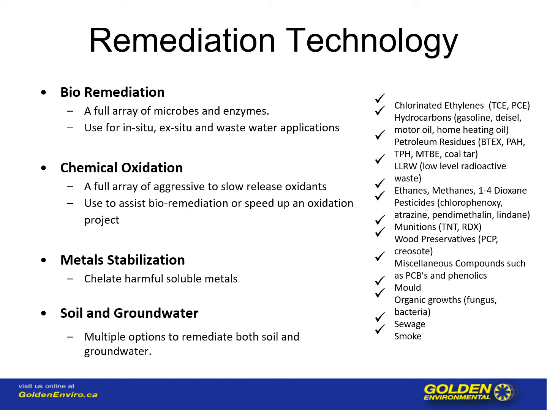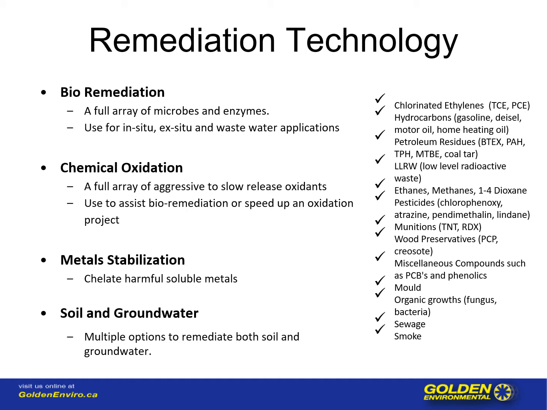Bio-augmented chemical oxidation is a process in which we combine both bioremediation and chemical oxidation, and there's a lot to be said for this process as it enhances natural pathways to degrade contaminants. Chemical oxidation on its own can be very powerful.